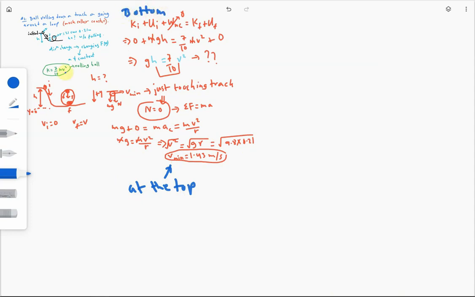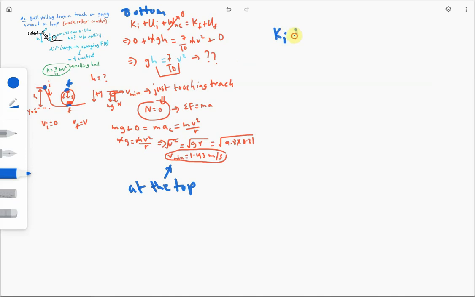So we started here and we finished here. Let's now say that the final point is changed, and the final point is actually the top of the loop. The initial is still the same, at the beginning of the roll. Let's write down our work energy theorem for the top of the loop.